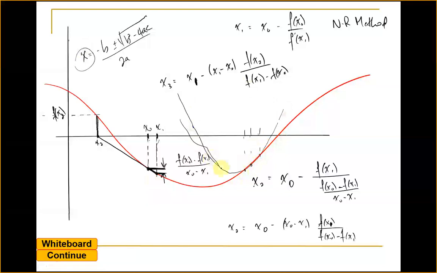This is a quadratic. So now these would be the 3 points that you use: the value at that point, the value at that point, the value at that point. You disregard this now, and now you use those 3 and fit a quadratic to that, and so on till you get to the answer. That's Mueller's method. It's similar to secant, except secant fits a straight line, Mueller fits a quadratic. That's all.